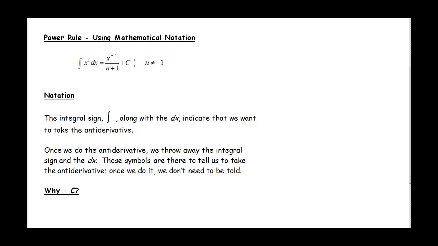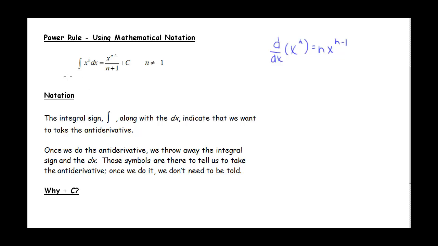Here's our power rule using mathematical notation. So just like we had notation for the derivative, like for instance d/dx of x to the n is n x to the n minus 1. That was our notation for the derivative. We're going to have notation for the antiderivative, or the indefinite integral.